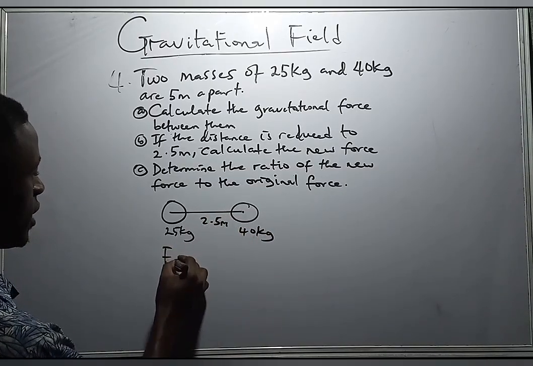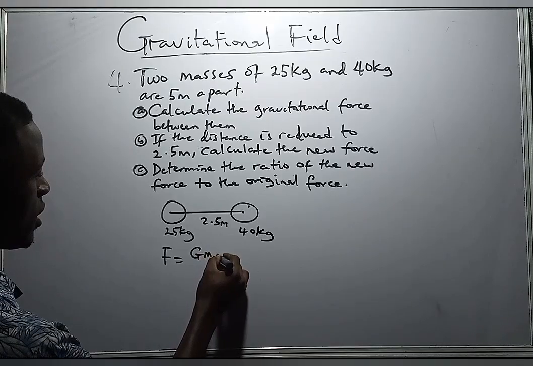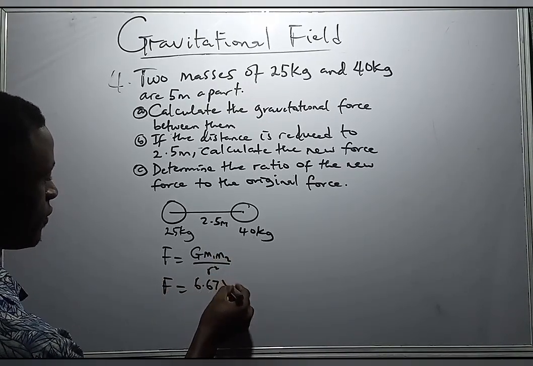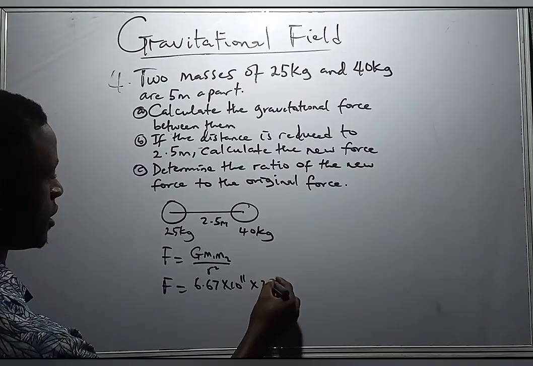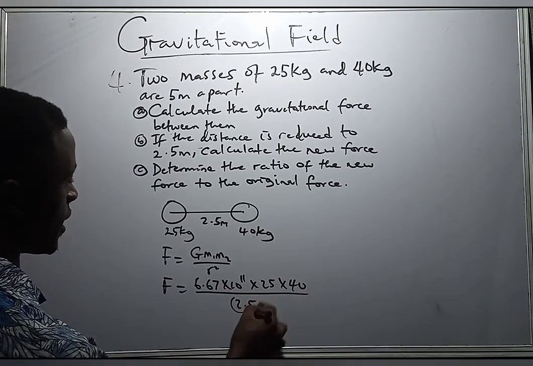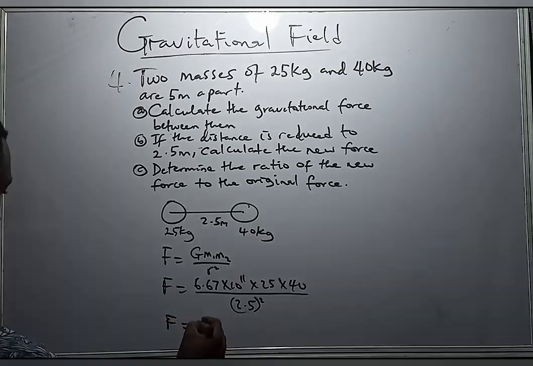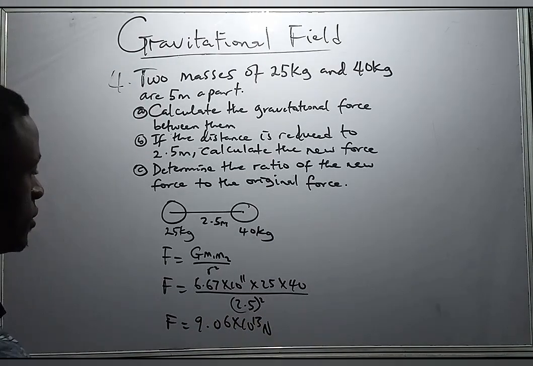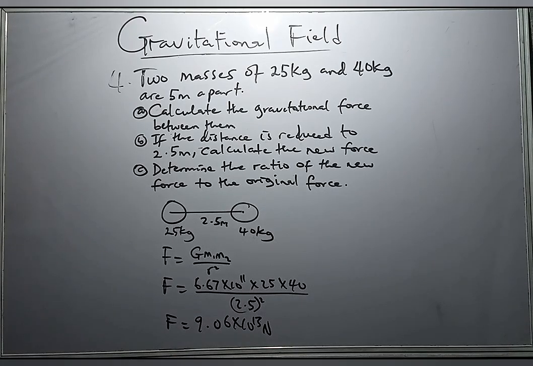So F is equal to G m1 m2 over r squared. So F is equal to 6.67 times 10 raised to the power negative 11 times 25 times 40 all over 2.5 squared. So this is 10.668 times 10 raised to the power negative 9 Newton. So that is my new force, the second force.